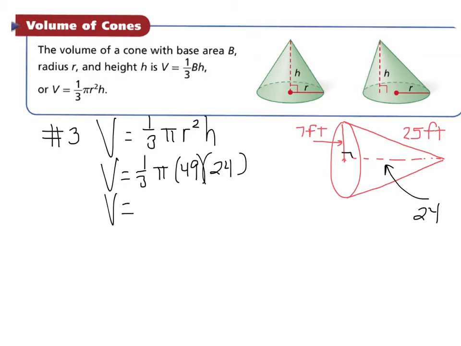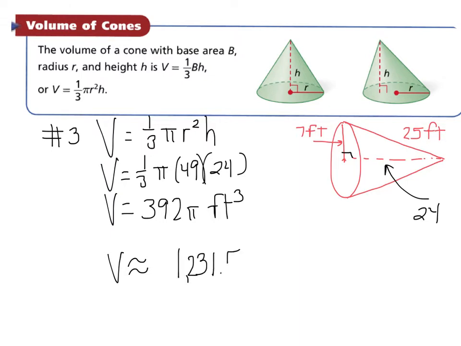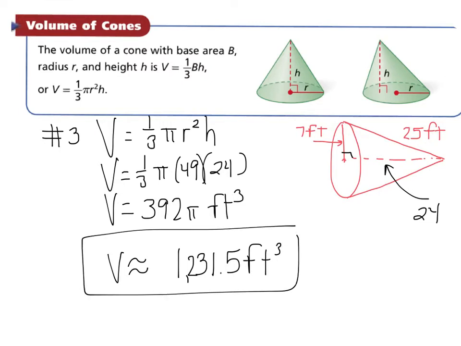If you multiplied this, 1/3 pi multiplied by 49 and 24, you would get 392 pi cubic feet. And then if you multiplied that, you would get approximately 1,231.5 cubic feet rounded to the nearest tenth.